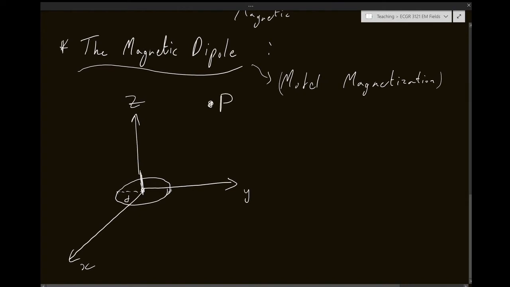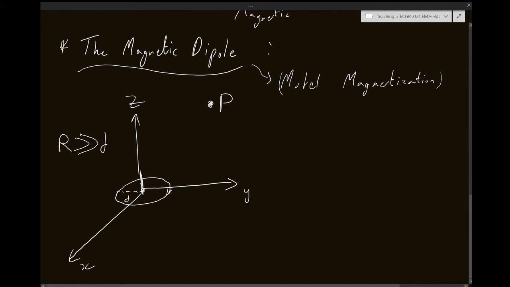The key thing in studying a dipole is that, the same way we did for electrostatics, we will assume that r, the distance from the point, is much larger than d. Otherwise, we cannot simplify the result.